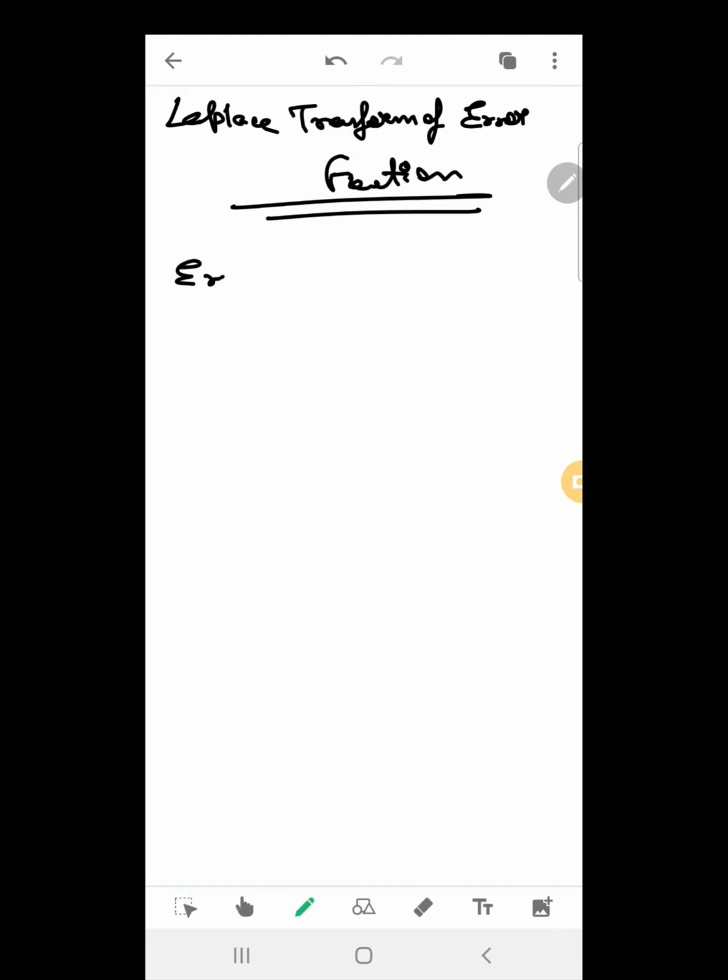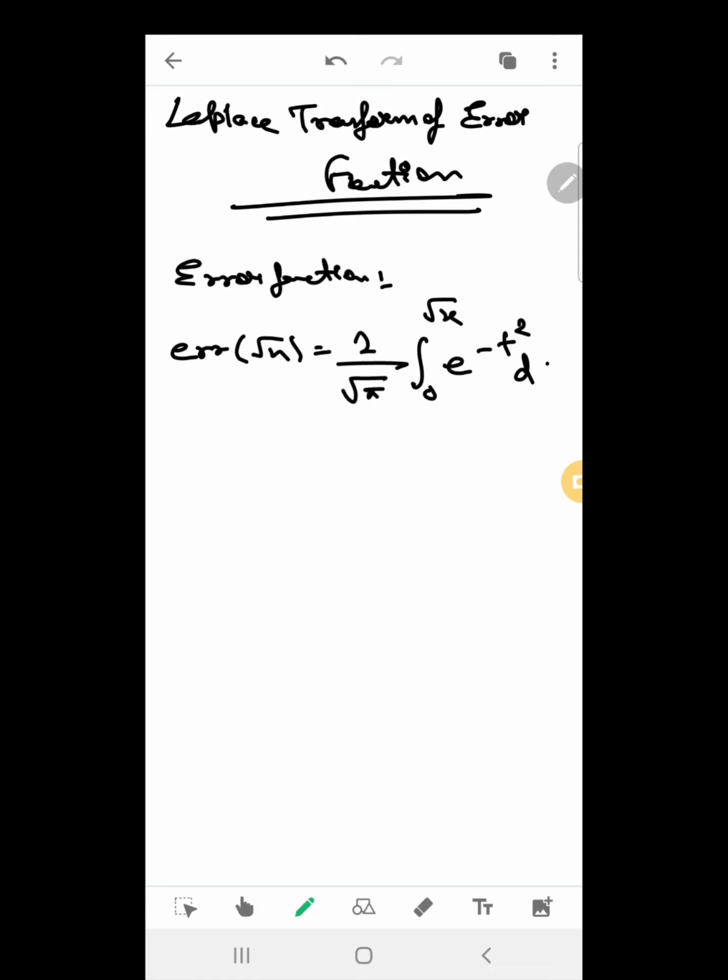This error function is a type of function which is given as ERF, which has its parameter as root x, given as 2 over root pi times the integral from 0 to root x of e to the power minus t square dt. Sorry, ERF, very sorry, not ERR, ERF. So ERF root x is equal to 2 over root pi times the integral from 0 to root x of e to the power minus t square dt. This is your error function.